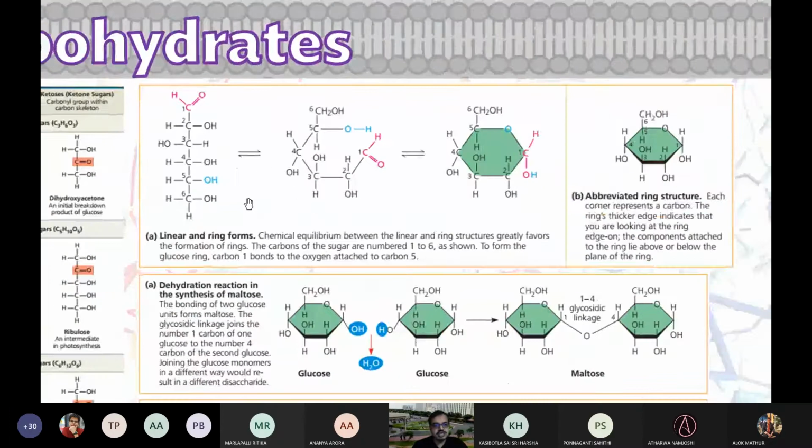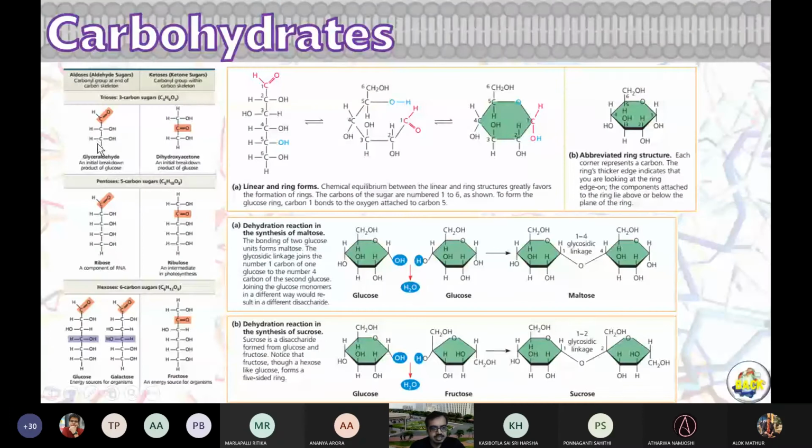So carbohydrates are linear. We can see them linear, but preferably they stay in a ring format. Although it looks like a benzene ring, it's not a benzene ring. There is an oxygen in between. You can see, yes, the oxygen in between here.